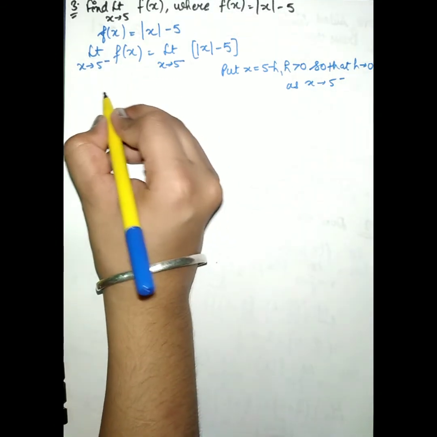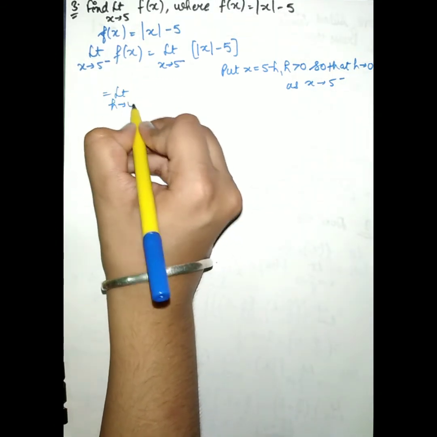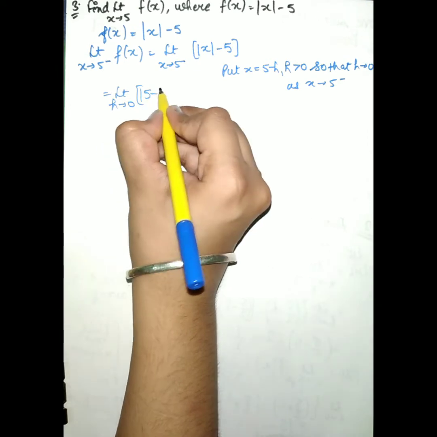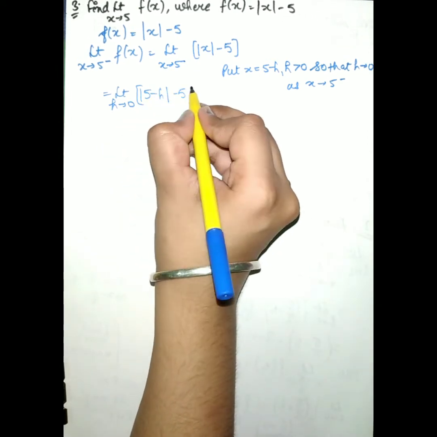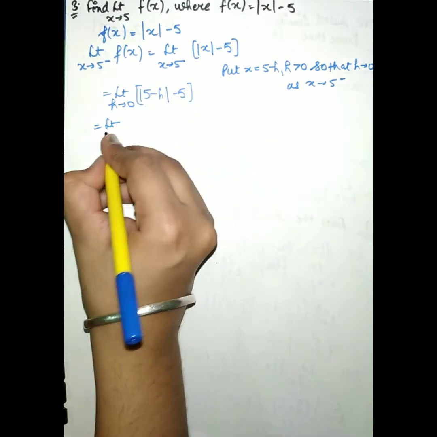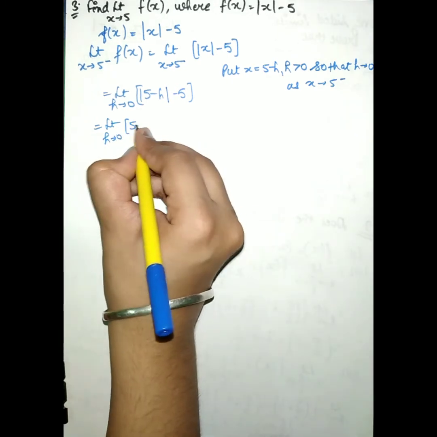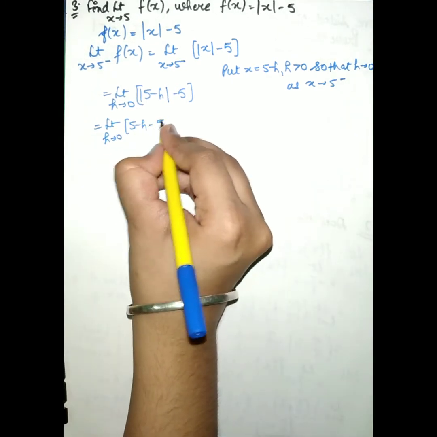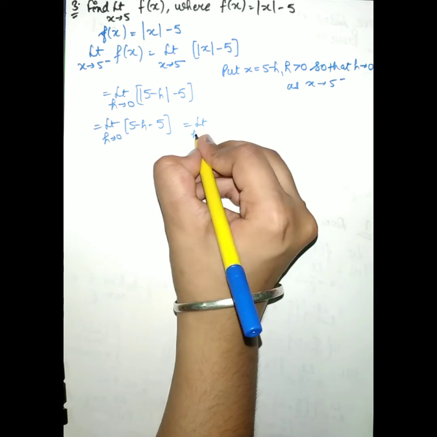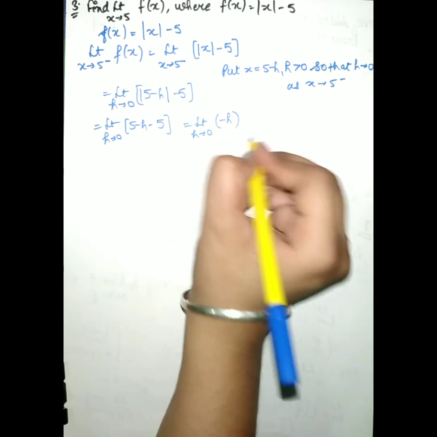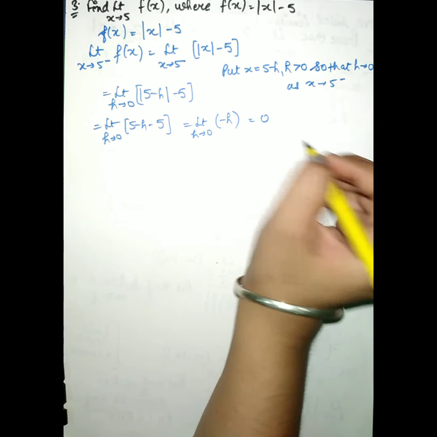Then it will become limit h approaches 0 of mod of 5 minus h minus 5. It will become limit h approaches 0 of minus h. Now put the value of h, then it will become 0.